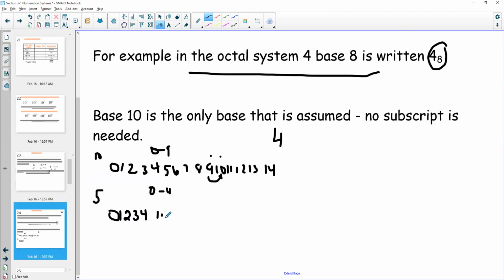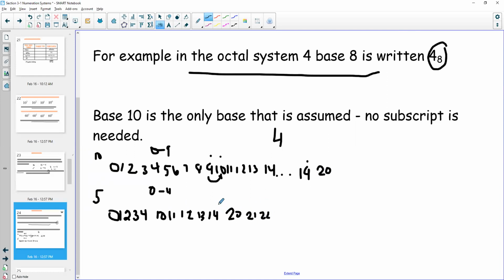So now I'm going to go 10, 11, 12. Sorry, my pen and my computer are slow. 13, 14. And now I'm out of digits again. So if we imagined up here, we got to 19. What comes after 19? We ran out of digits. We go to the next value, 20. In base 5: 10, 11, 12, 13, 14, 20, 21, 22, and so on.